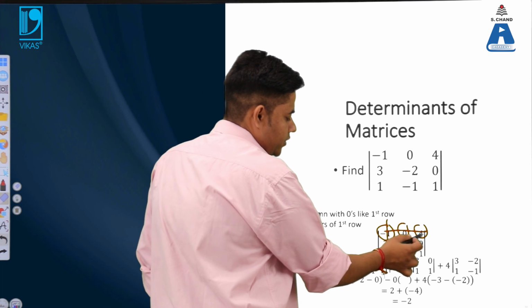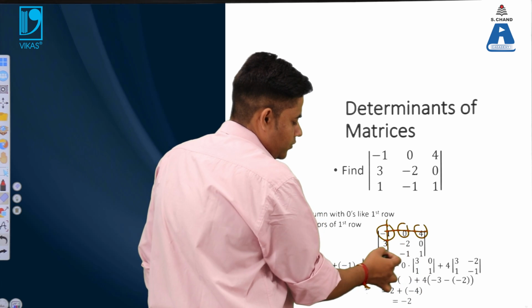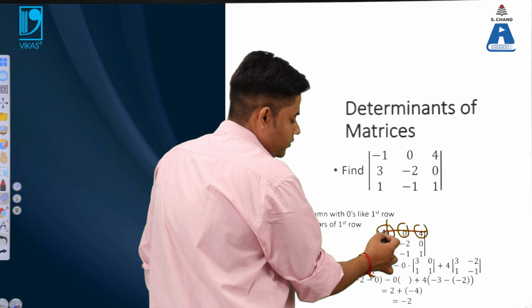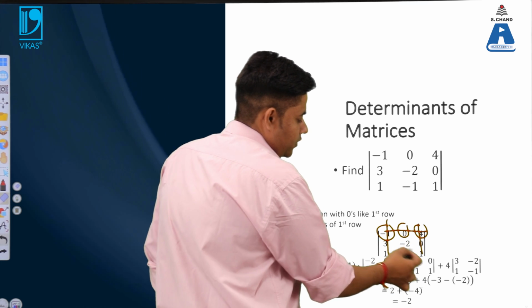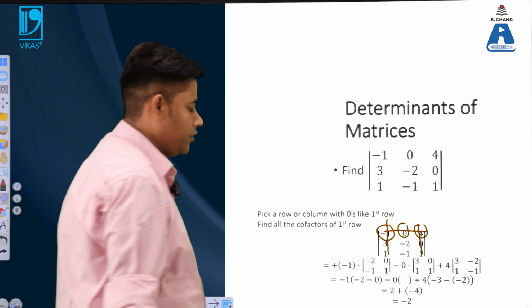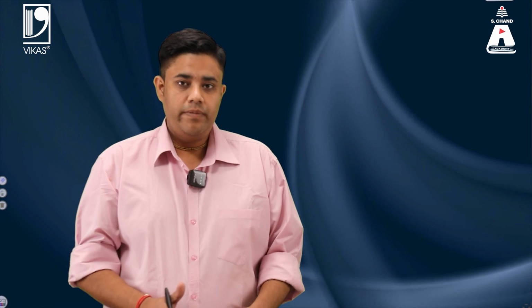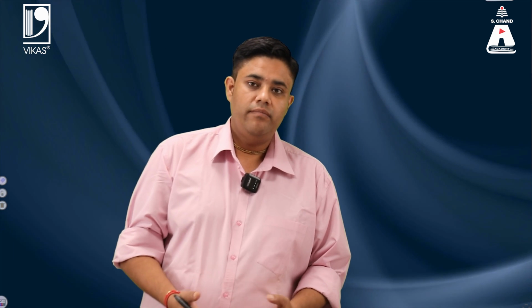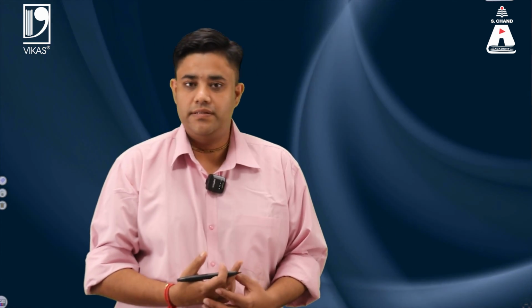For the second, first row and the second column, you are left with this part, which is 3, 0, 1 and 1, and for the next you will get first row and the third column removed. So you will get this part, which is 3, minus 2, 1 and minus 1. On solving, you will get a value of minus 2, as we have already calculated. So we stop here for a short break. After coming back from the break, we will learn certain applications of matrices.